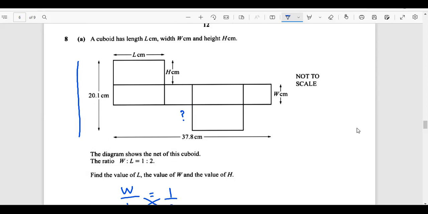Because if I start folding, this length should be equal to this length. Okay.